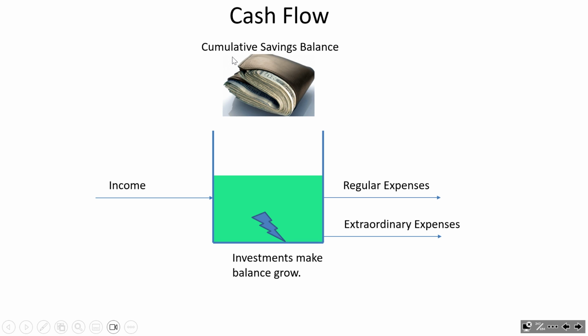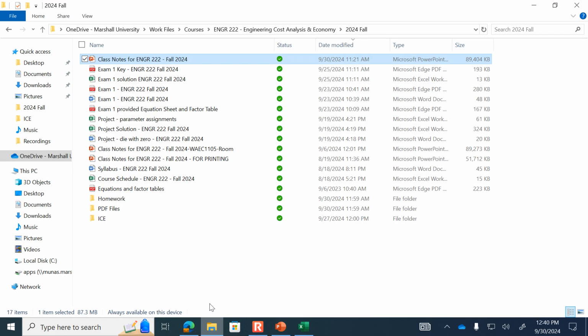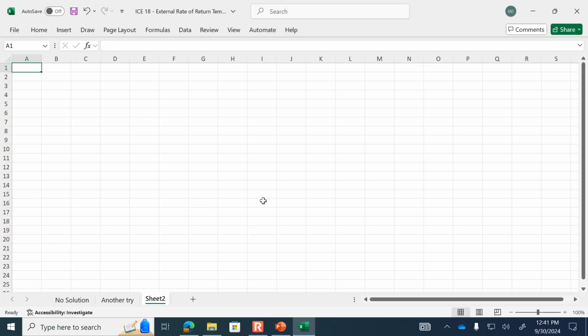For example, the U.S. stock market over the long term, I think, has an average return of about 7.8%. So, if you know what your income is because you have an idea of the starting salaries, and in the project I assign you certain assumptions that have to do with your growth in salary over the years.